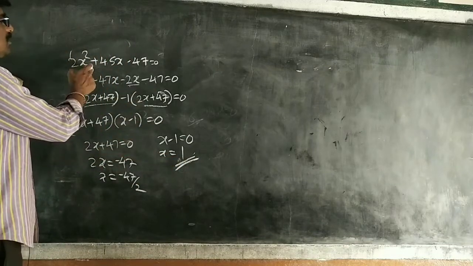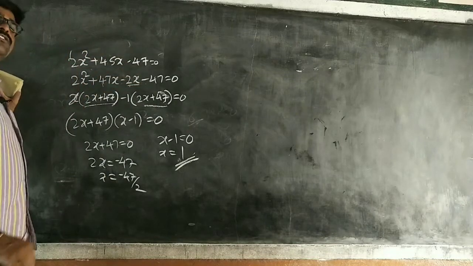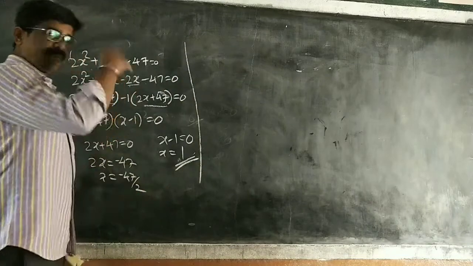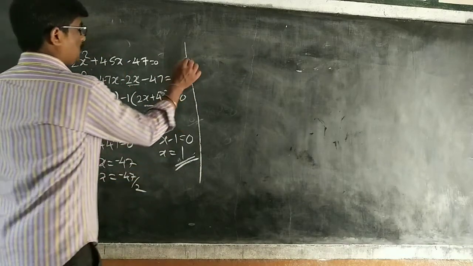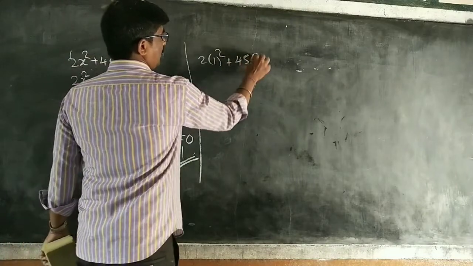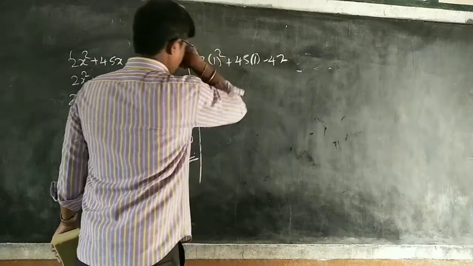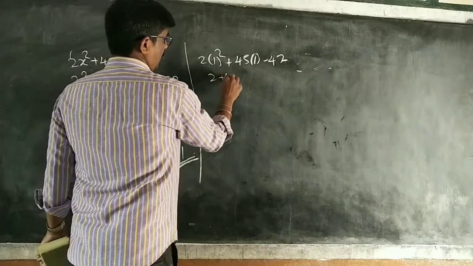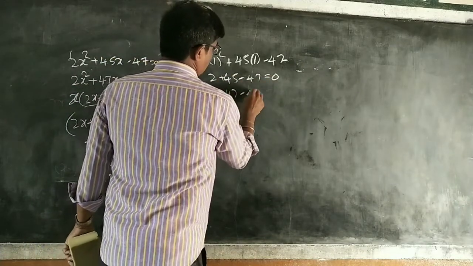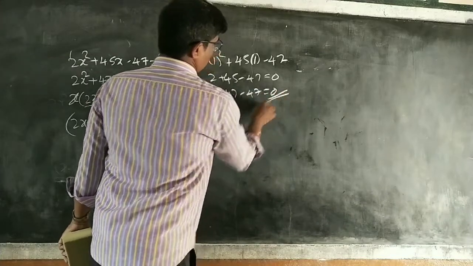If we substitute x is equal to 1, definitely this value should be 0 only. Otherwise, how to check. Not only this, in the previous problem also the same. 2 into 1 square plus 45 into 1 minus 47. 2 ones are 2, plus 45 minus 47, that is equal to 47 minus 47 is equal to 0.